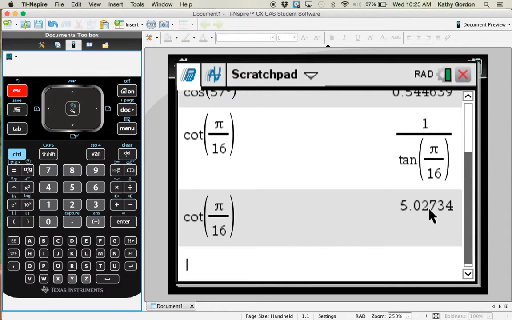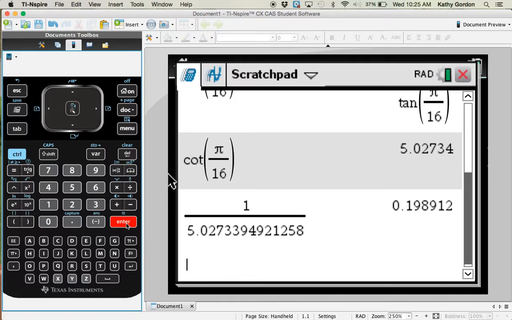So I could also just take this answer that I got from cotangent and do the inverse. 1 divided by my previous answer. That's what my tangent would have to be. So that should be 0.1989. Okay, so those should be the two answers to number 11. Go ahead and fix those quick. Sorry about that.